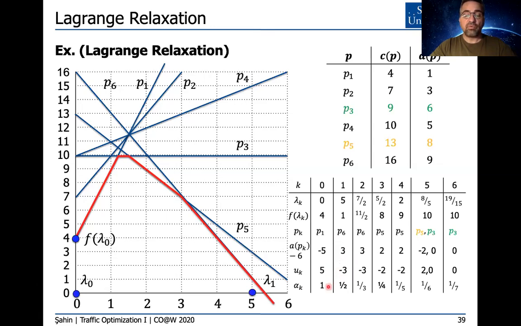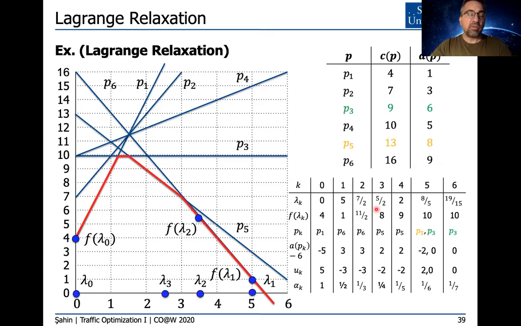With a step length of 1 over 2, we calculate the new lambda value as 7 over 2. At 7 over 2, the tight path is still path 6, and the corresponding objective function value is 11 divided by 2. With the subgradient of -3 and the step length of 1 over 3, we calculate the new lambda value as 5 over 2.